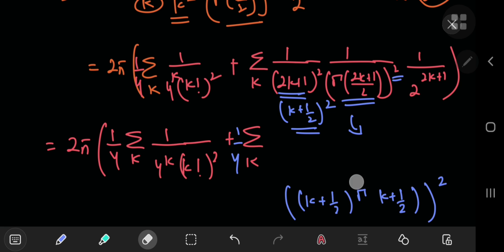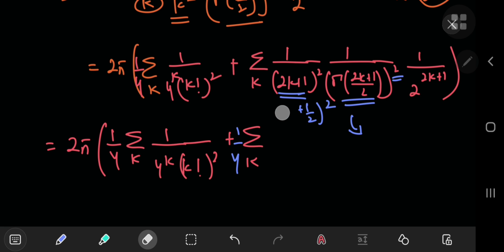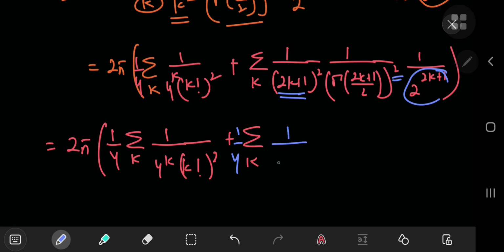So let's clean up this mess now, and you're left with the sum over k of 1 by, do not forget this term, 2 to the 2k plus 1 times the reciprocal of gamma k plus 3 by 2, and now, squared of course.